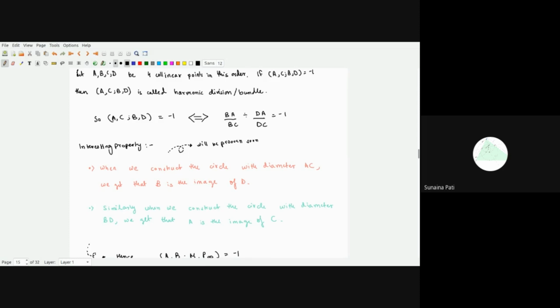So I'll take class till here, and we'll start with the harmonic quadrilateral in part 2 of this class. Is everybody fine with this? I hope it's fine, whatever we have covered till now.